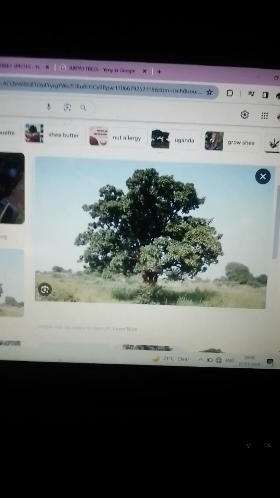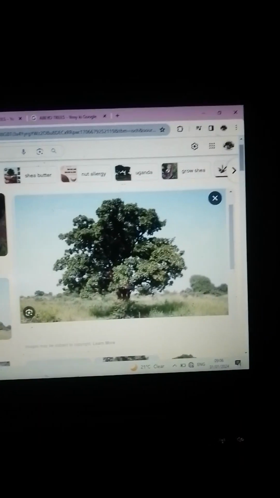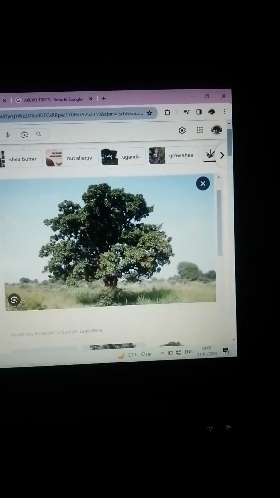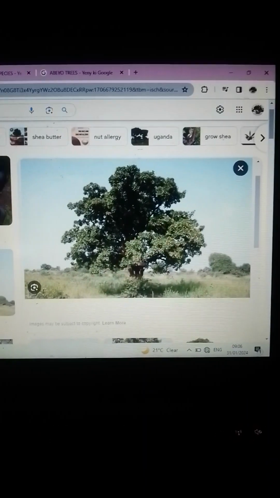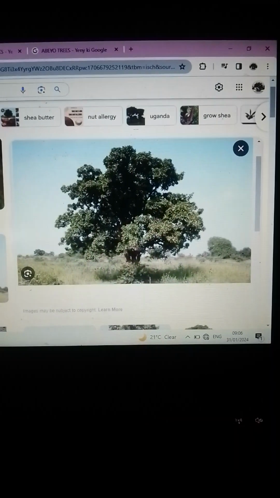Now, when they produce the very nice fruits, very many birds again flock to that same tree for the fruits. One is locally known as Luga Luga, I do not know the exact name in English.